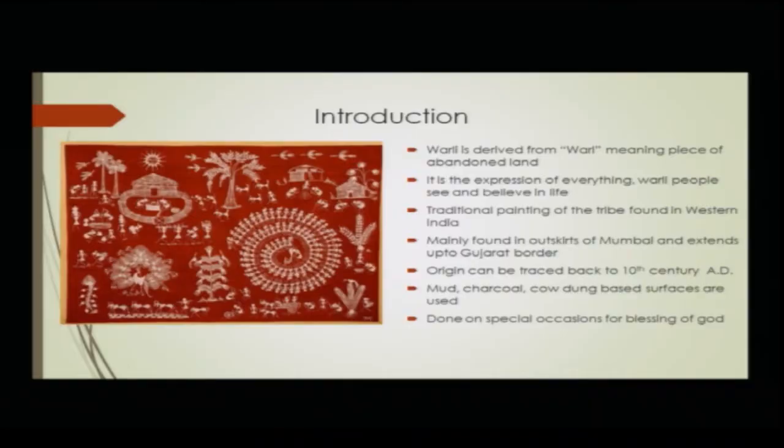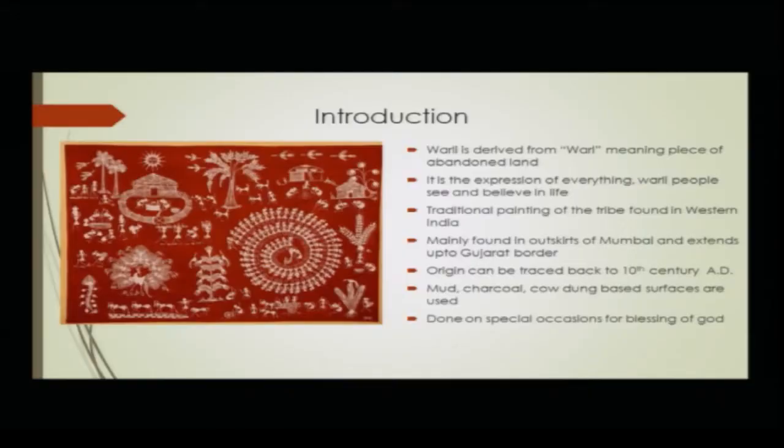It is the traditional painting found in the western region of India, mainly in the outskirts of Mumbai, and it extends up to the Gujarat border. On paper there is no historical evidence by which it can be traced, but if we track it down, its origin can be traced back to the 10th century AD.